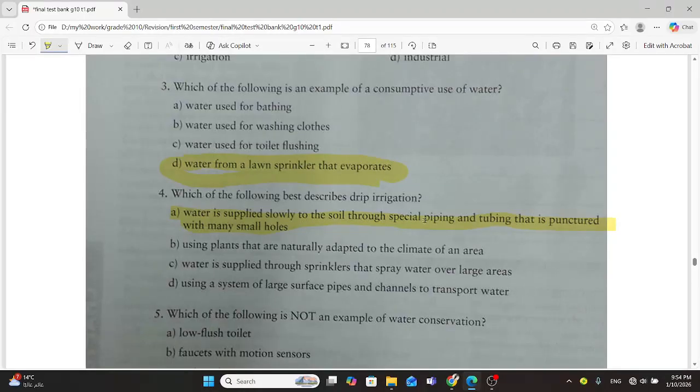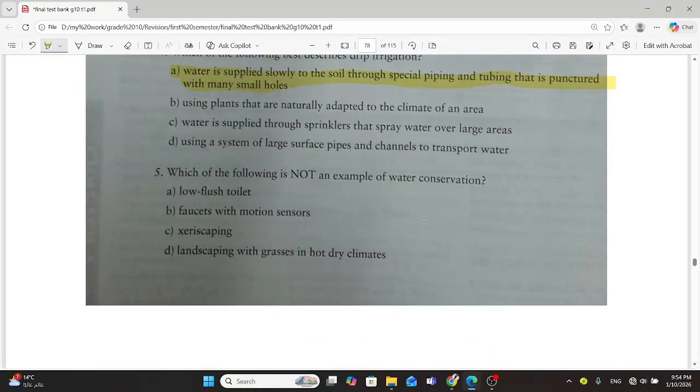Which of the following isn't an example of water conservation? A low flush toilet, or a faucet with motion sensors, or landscaping with grass in a hot dry area.